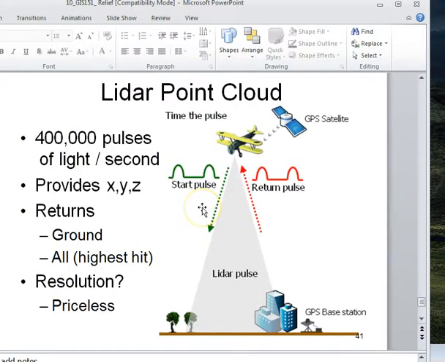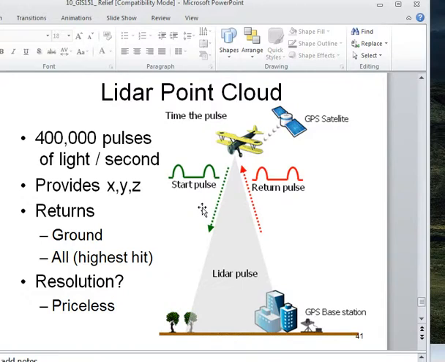It sends out 400,000 laser pulses per second. So it's getting back 400,000 data points every second. It's just huge. These things are huge. The Willamette Valley LIDAR set, I think, is over 3 terabytes. I can only download little pieces of it at a time.